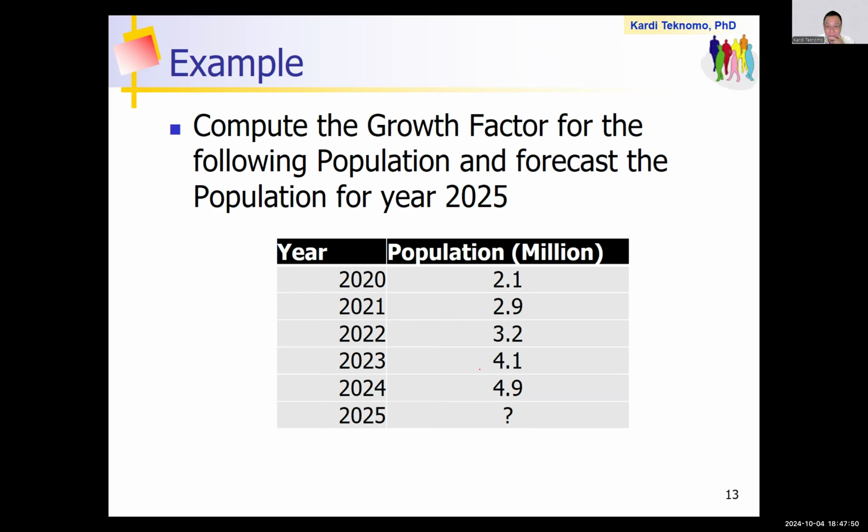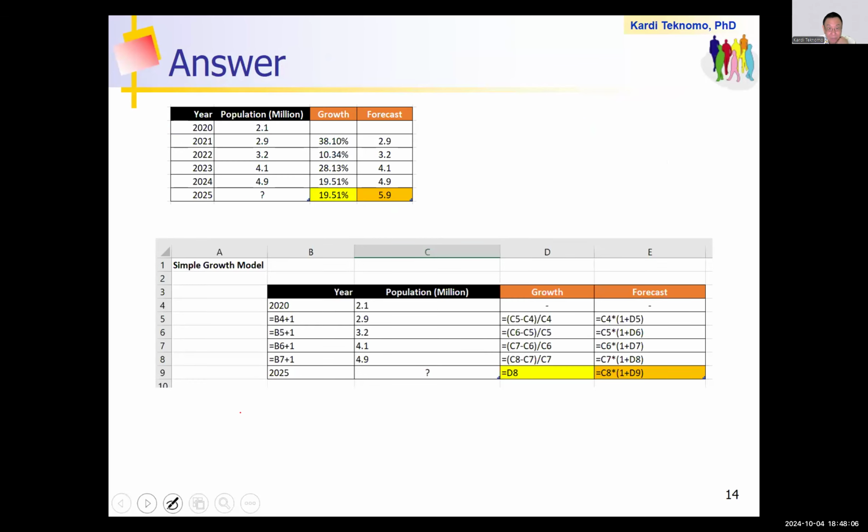If this is the population that you have in the past 5 years, what will be the population next year? First you compute the growth factor, and then you forecast. This is the formula.